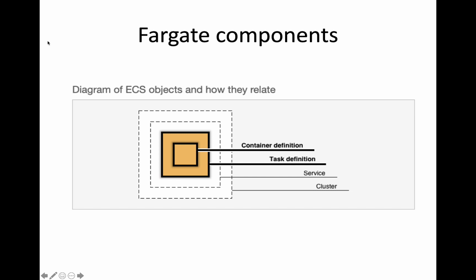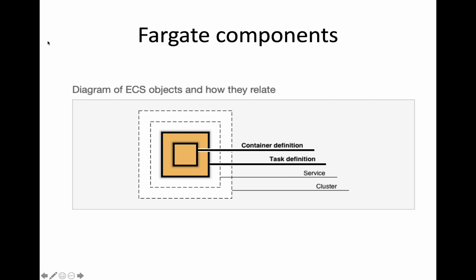Fargate consists of multiple different layers. You can think of them as being sort of layers in an onion. And starting with the outermost layer, we have a cluster. A cluster is where we're hosting all of our containers. Inside of a cluster, you will find one or more services. And as we'll see, a service is used to define exactly how we're going to deploy our containers.